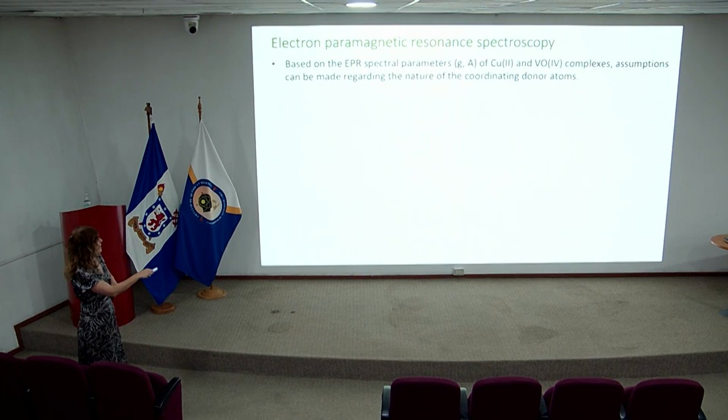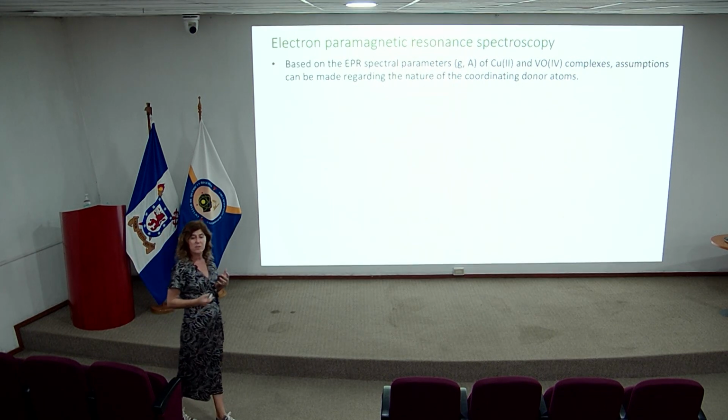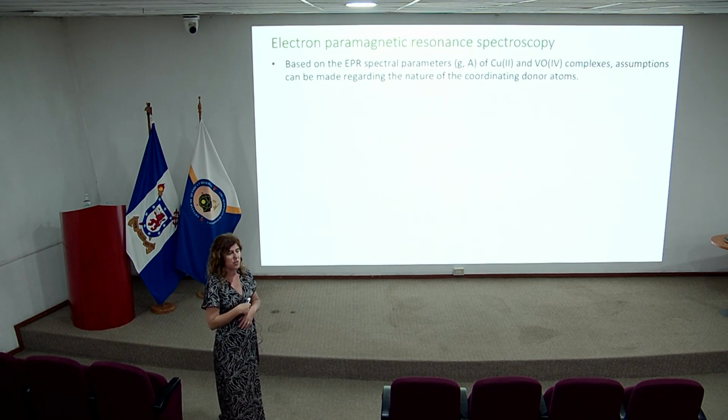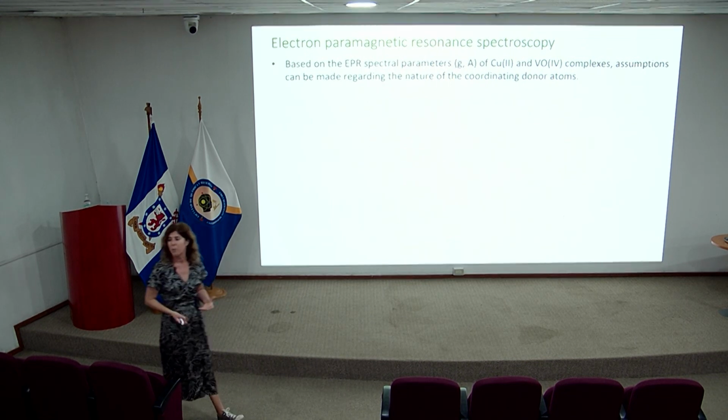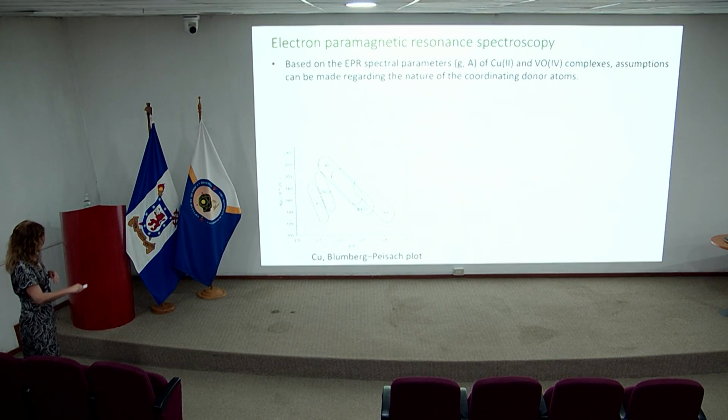So, as I told you, we can get the spectral parameters, and for vanadium and copper it's very nice because many people have measured the spectra for many compounds for which the structure is known, and there are these correlations.